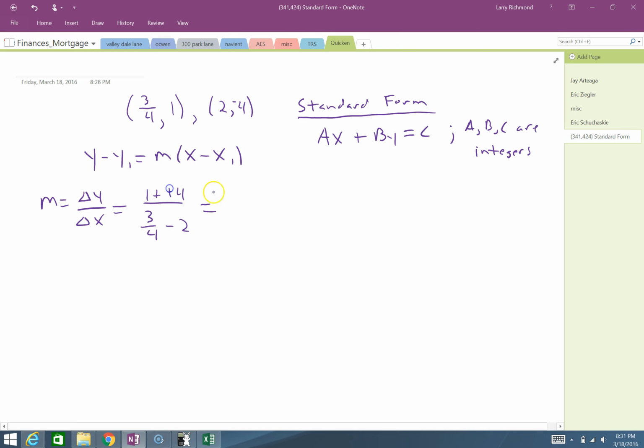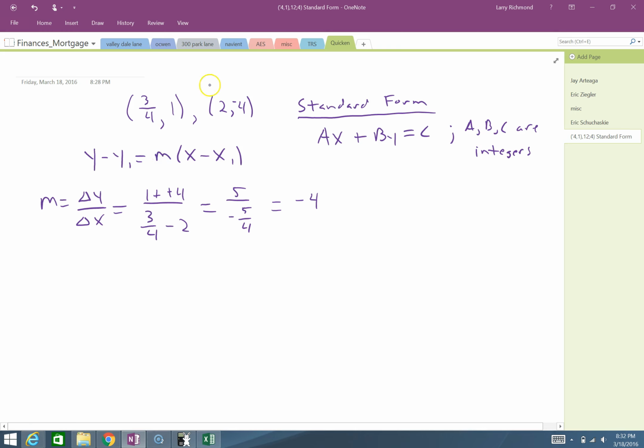Minus a negative is plus, that's 5 in the numerator. 3/4 minus 1/4 is a -1 1/4, that's a -5/4. When you invert and multiply here, you will get 20 over 5, and that is -4. Alright, that's my slope. That's going to go in place of m.